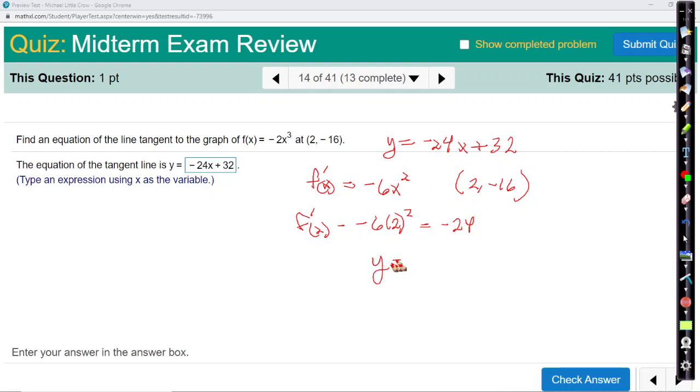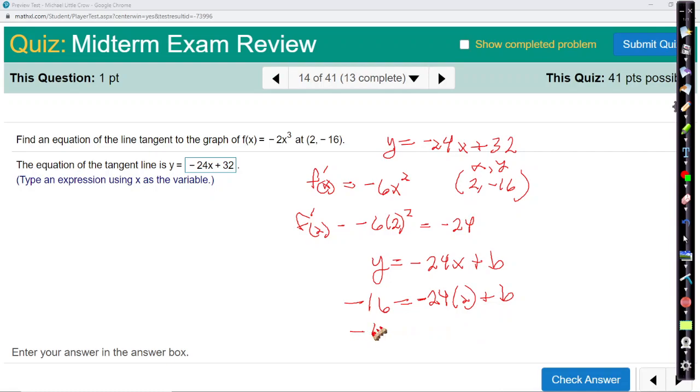So we've got y equals negative 24x plus b. Now you could use the point slope formula. I like to just use the plug in the point method. So I've got this, this is an x value, this is a y value. I plug in 2 for x, and I plug in negative 16 for y, and then I solve for b.